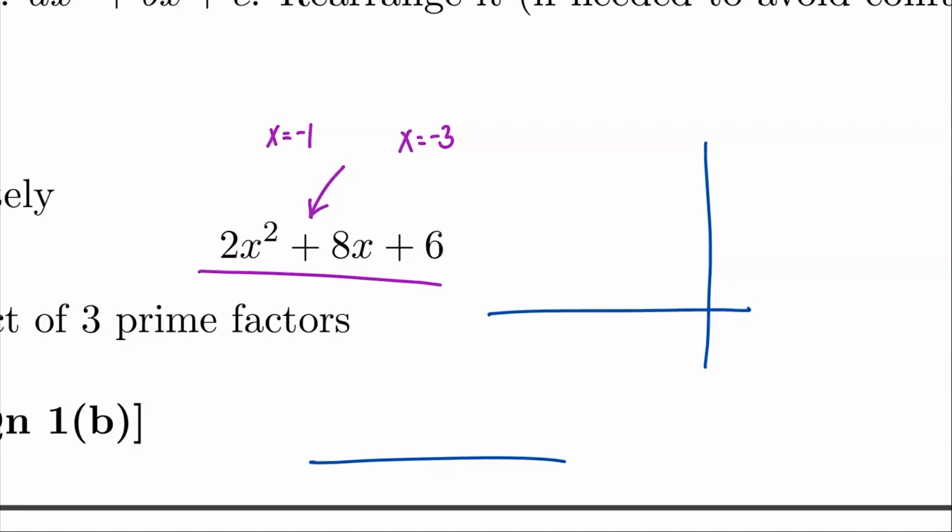What does x equals -1 mean? x plus 1. What does x equals -3 mean? x plus 3. I'm going to explain how we get it in a while. And then now we need to show people we use the box. We follow 2x squared, 6, 8x.